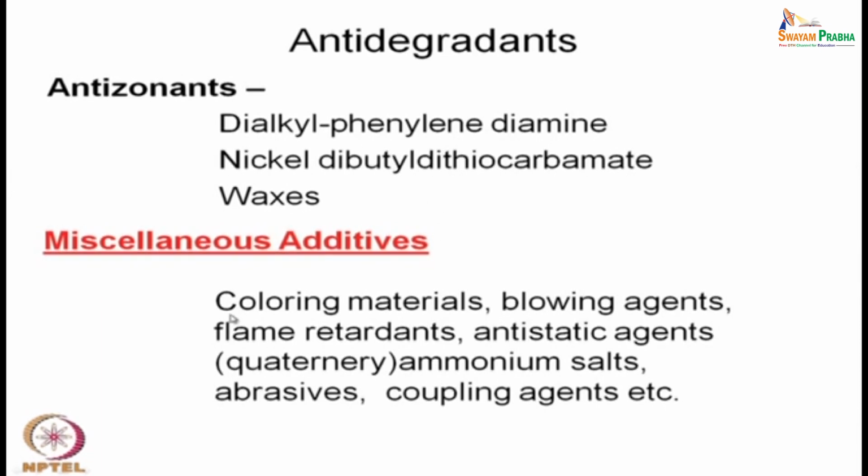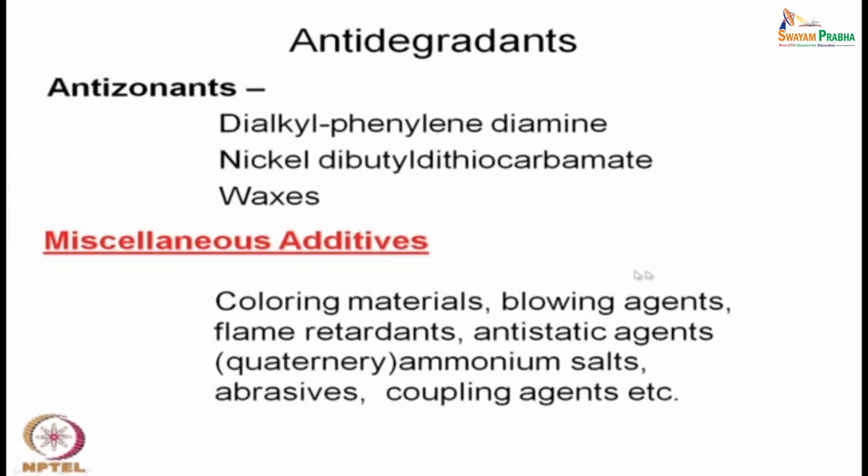These are coloring materials, mostly pigments or dyes, to develop attractive color and bring aesthetic appeal to the rubber product. This can be yellow, red, brown, green, or blue, whatever color is required can be developed by using coloring material.